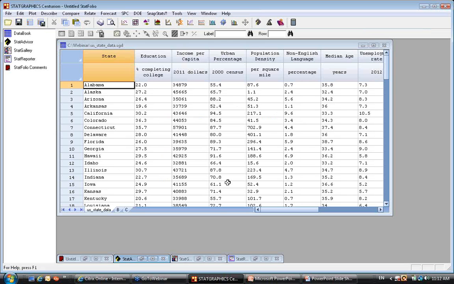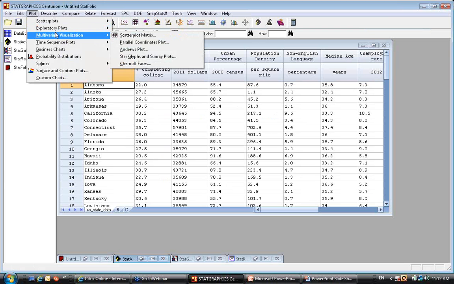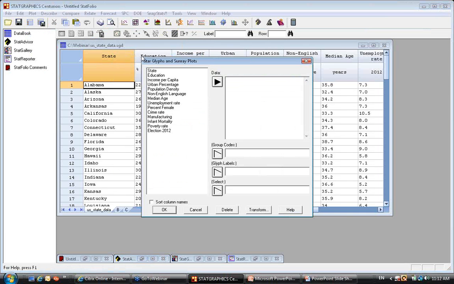In order to create the glyphs, I'm going to go to the Plot menu, to the section on Multivariate Visualization. You'll see there's a selection for star glyphs and sunray plots. The data input dialog box is going to ask me first off what columns I want to use to create the glyphs?